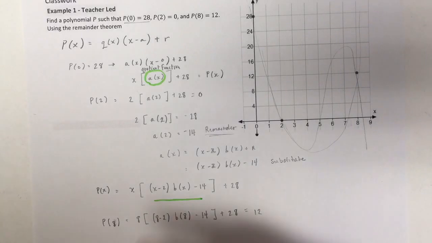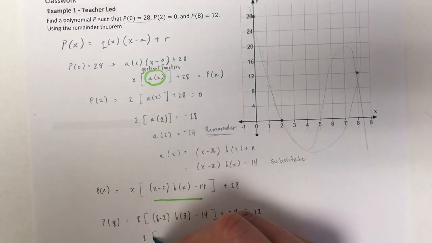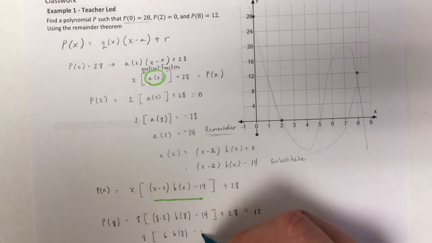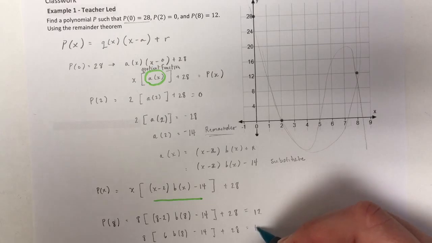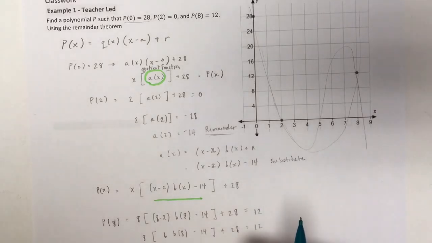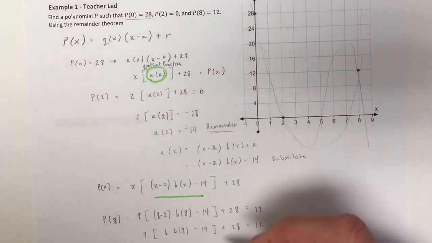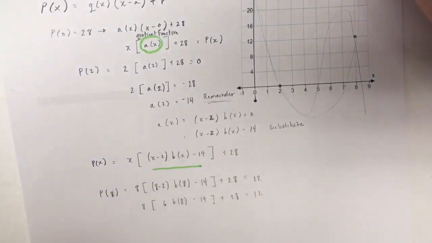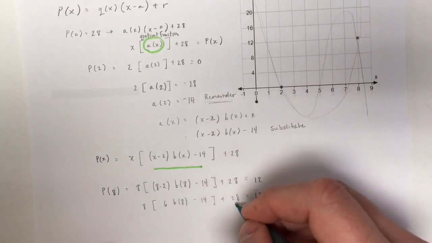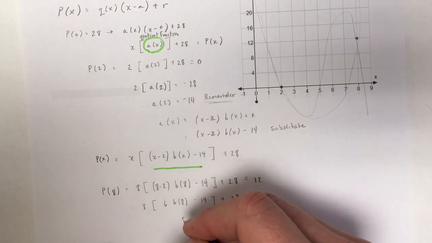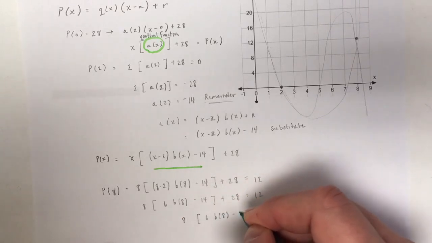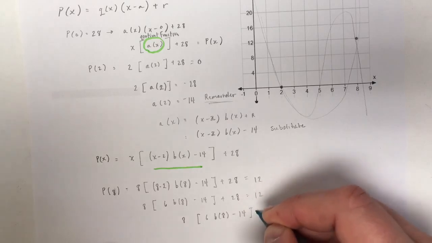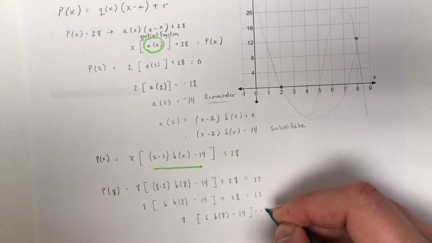So you have to do a little simplifying. 6 times b of 8 minus 14 plus 28 equals 12. So if I solve this kind of in reverse, I'll get 8 times the quantity 6 times b of 8 minus 14 equals negative 16.